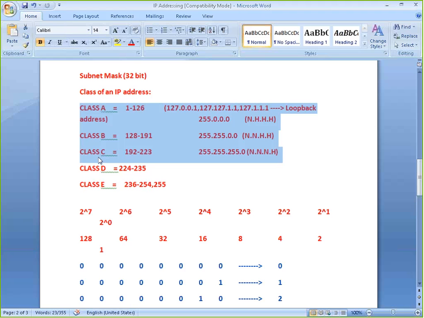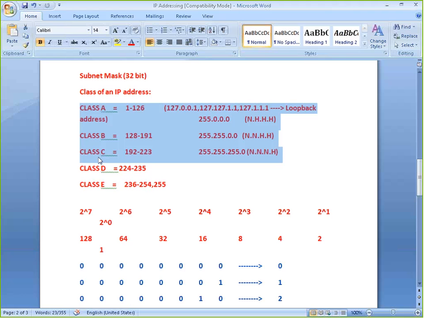But then we also have class D and class E. Class D is typically used for multicasting. Class D is used for multicast IP addressing.